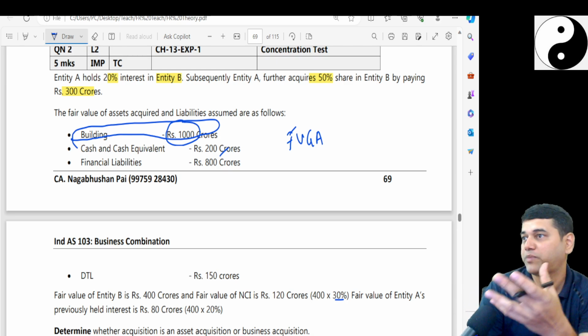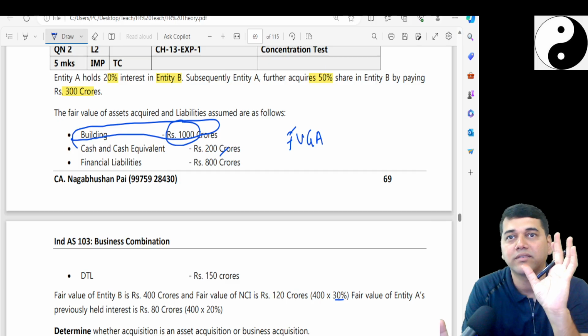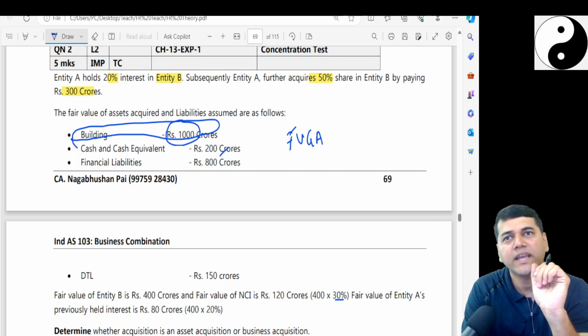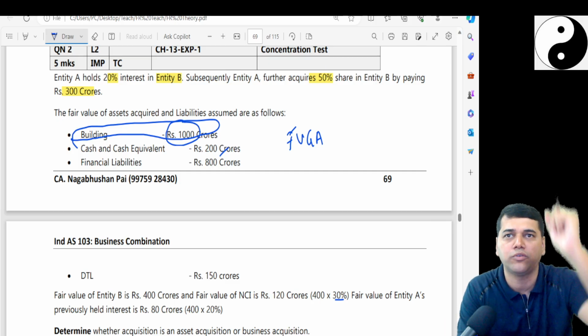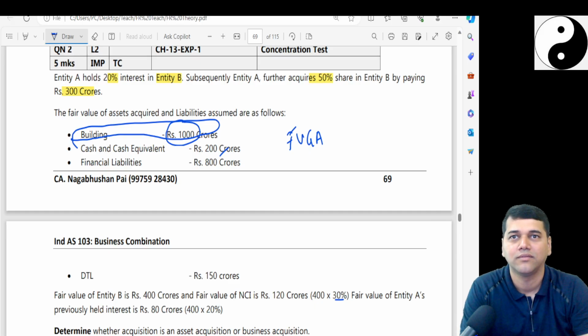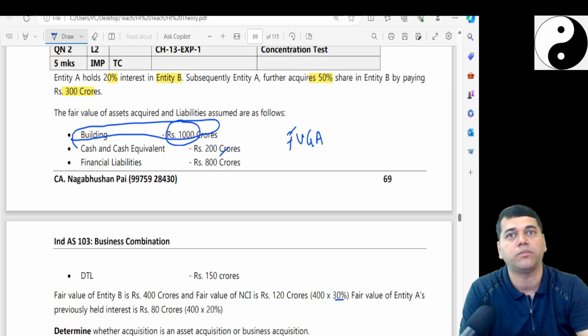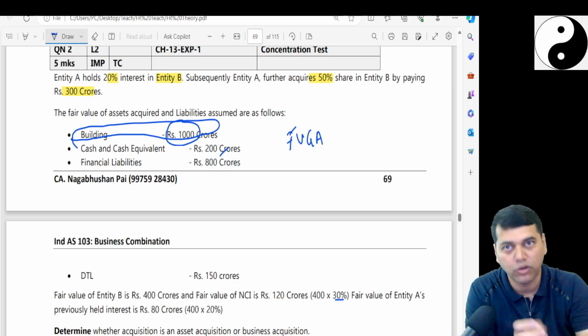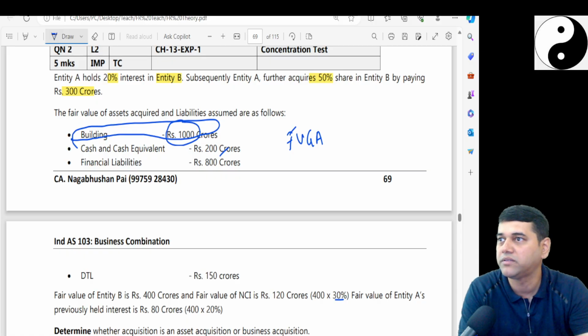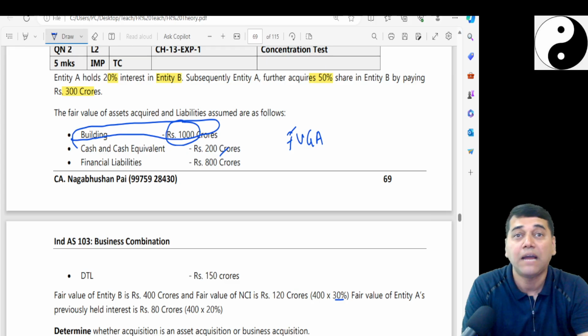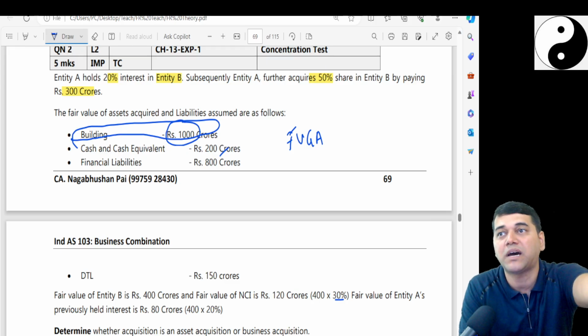Say I am in the hospitality business and I just want a place. So I can go and acquire some barber shop. I am a hotel business, and I am acquiring one barber shop. Why? I don't want their business. I am interested in the building in which this barber's business is located.